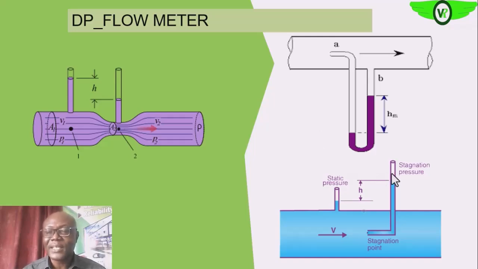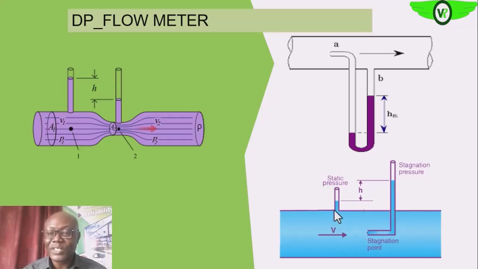So like in the case of the differential, the case of the orifice plate, orifice meter, you see that as the flow rate, flow velocity, is increasing, you will see that the differential pressure will also be increasing.